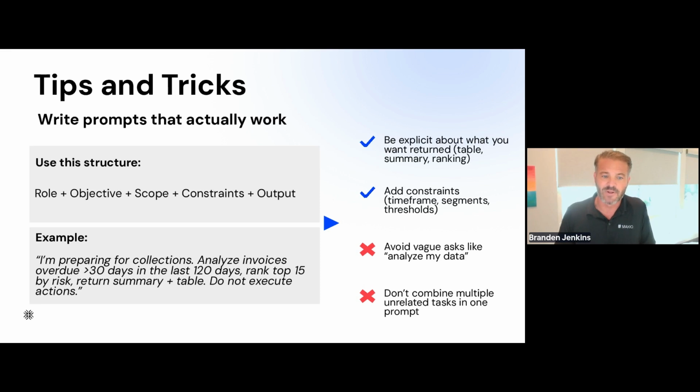But just to keep it simple: if you tell the AI who you are, what your objective is, the scope, what the constraints are, and what you want out of it, you're going to get pretty far. Now, you didn't see a lot of that in my prompts, and that's because I had a project set up.